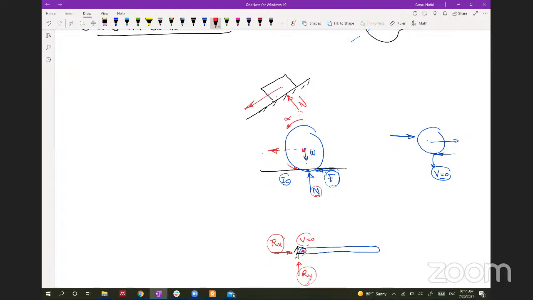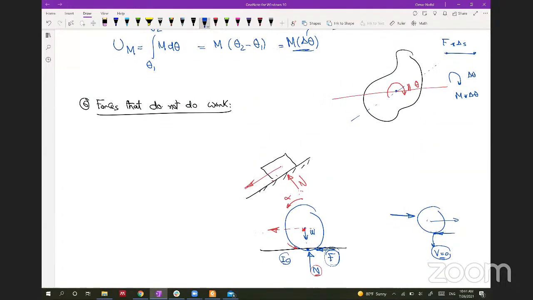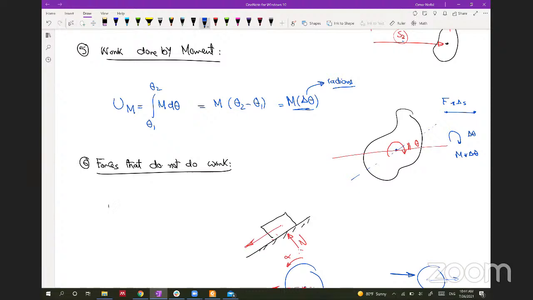Just make sure that you have in your problem, if you have a force perpendicular to the, actually let's write them here. We have only 1 minute, so let's put them. Number 1, reaction at pin support. Number 2, weight of a body while it moves horizontally.